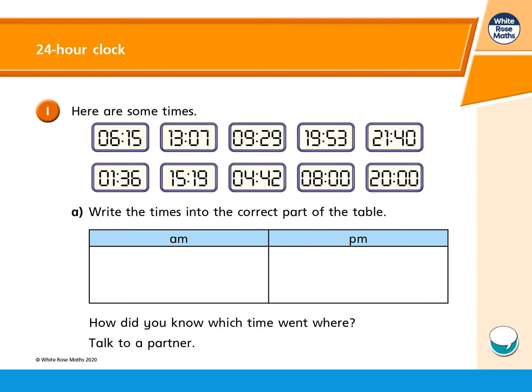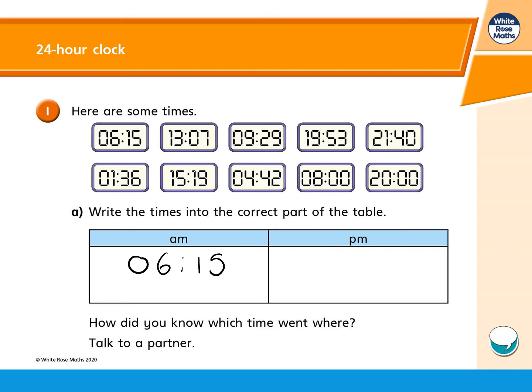06:15. 06 is before 12, so I know this is in the morning. So the time is 6:15 a.m. 13:07. 13 comes after 12. 12 is noon. So 13 is in the afternoon. 13 take away 12 is 1.